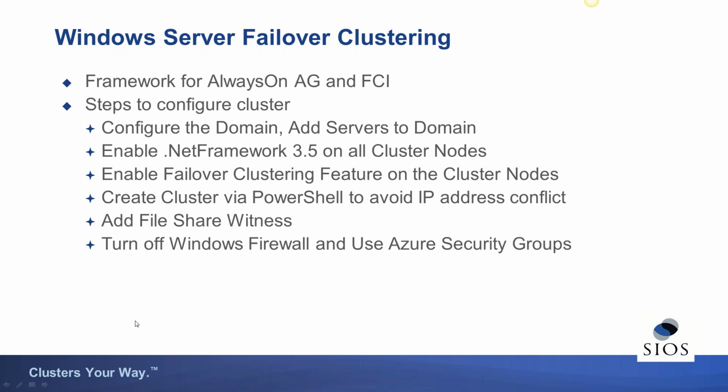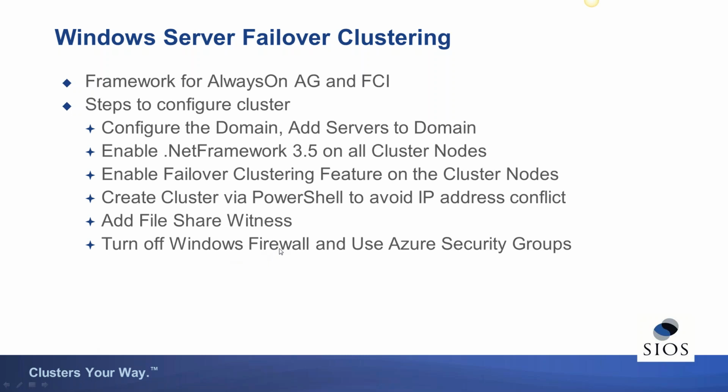Failover clustering is a feature on the cluster nodes. One thing you do need to realize is you're going to want to create the cluster via PowerShell to avoid IP address conflicts. We'll talk about that in some detail. Then we're going to leverage a file share witness, because in Azure there is no disk witness that we can leverage. And on the firewall, of course, we need to make sure that the SQL Servers can speak to each other.